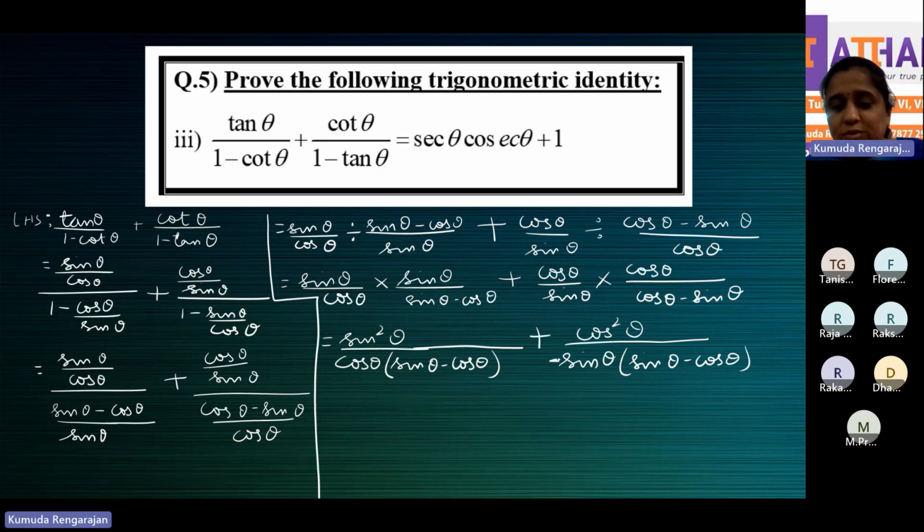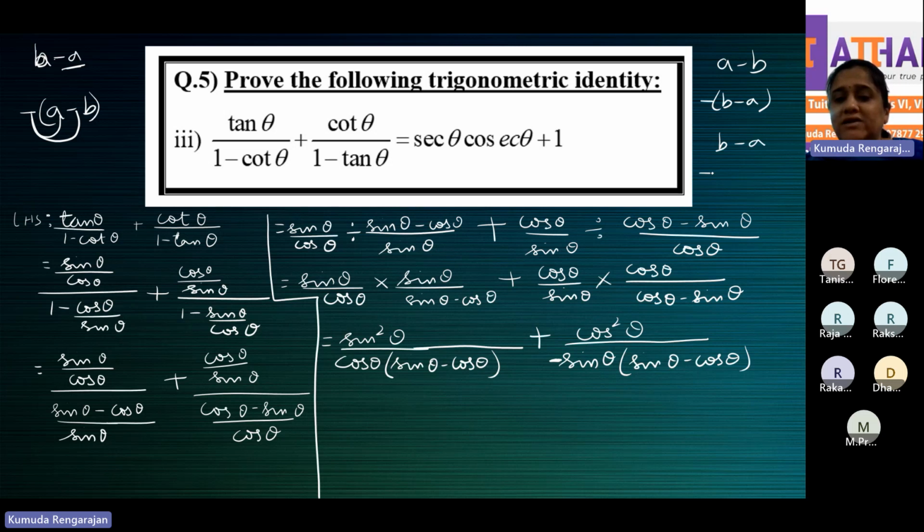Supposing you have b minus a and you want to write it as a minus b, you don't want it to look like b minus a. What should you do? B minus a can be written as minus of (a minus b), because minus into a, minus into minus plus b. And if you have a minus b, you can write it as minus of (b minus a). Both are the same.